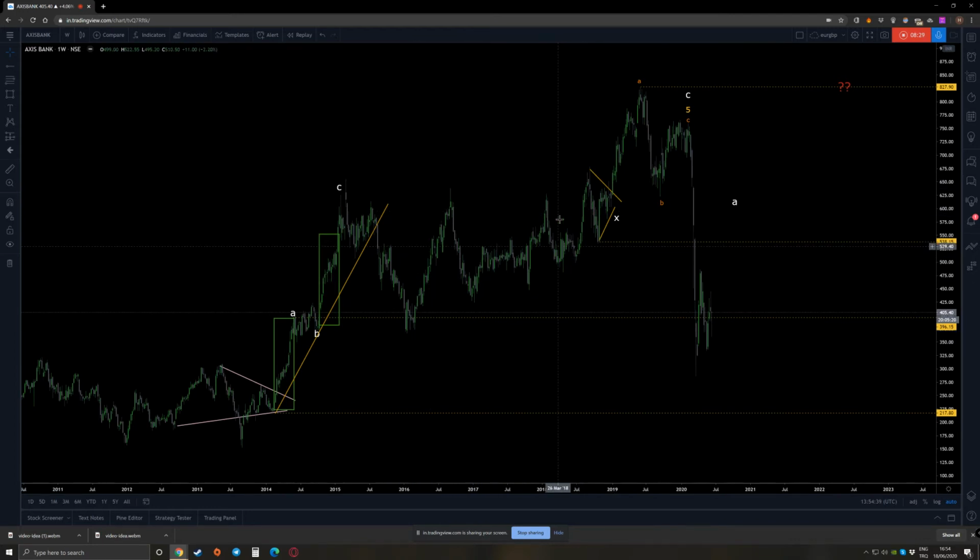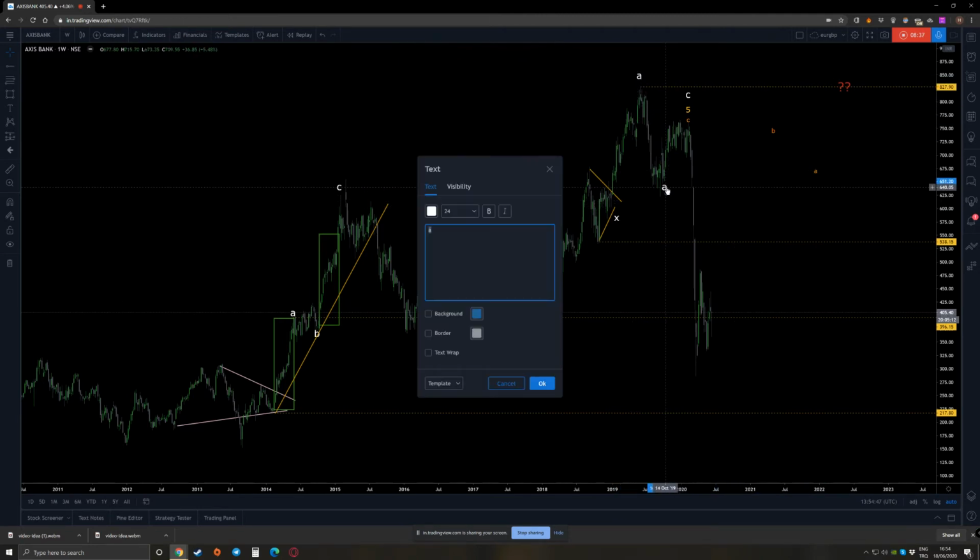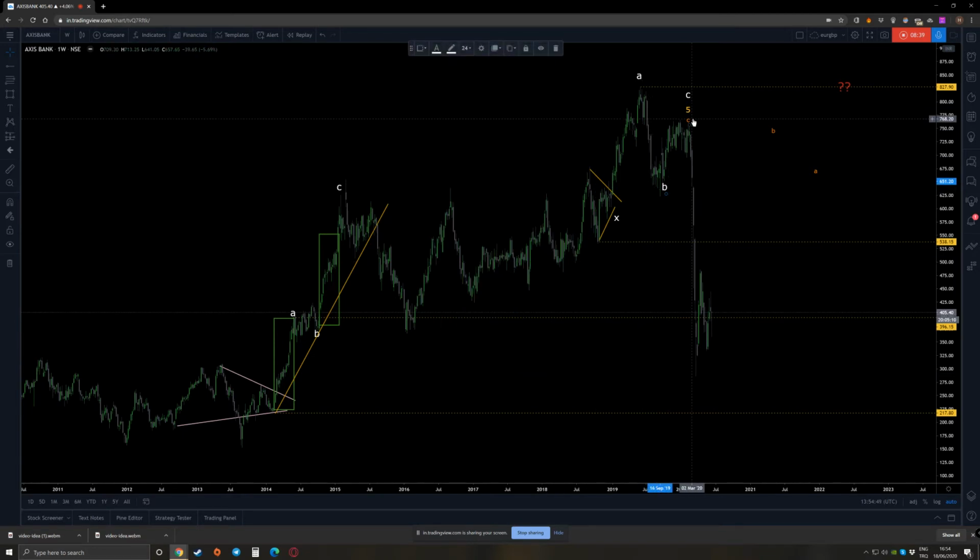Whatever was inside this X wave is one lower degree, and I thought this was another wave A, B, and a C. The same idea, the same concept, but on a different degree. Now, this X wave being different, but this flat with C failure is the same. I said this is where it ended.